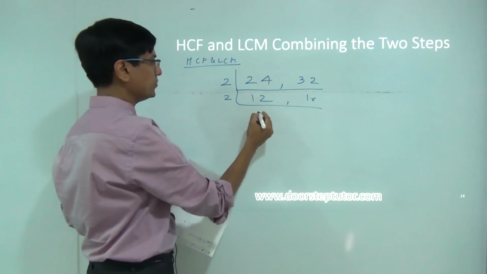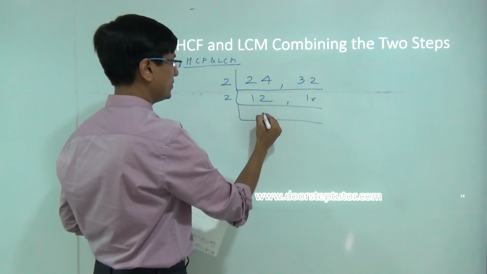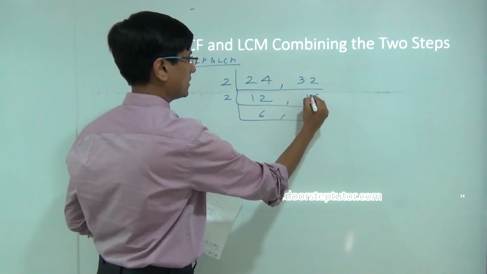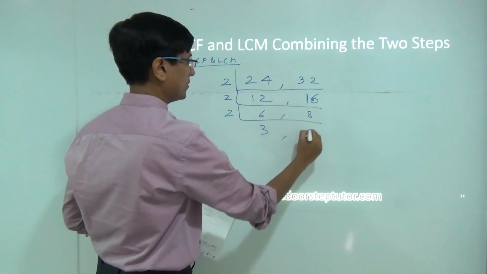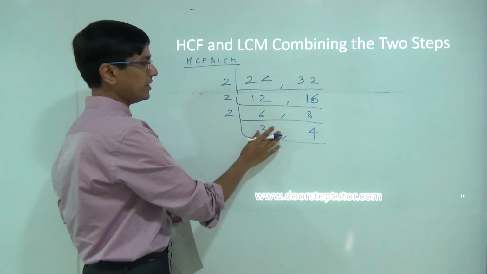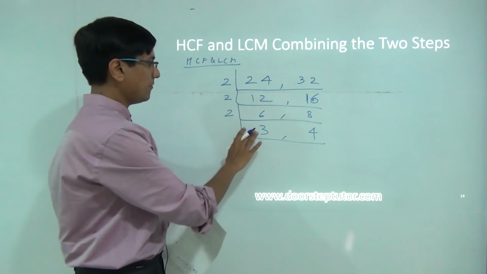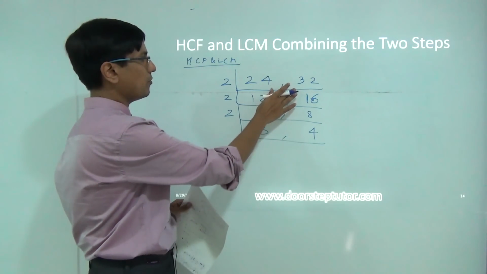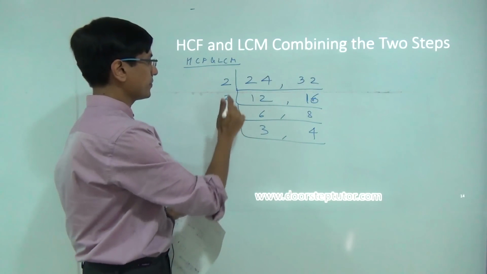Similarly, again this is even, so I'll repeat the same step again and again. So then I come up with 6 and 8, and then I come up with 3 and 4, and I stop here because after this point I cannot find a common factor between 24 and 32.